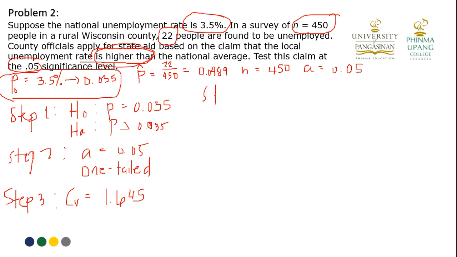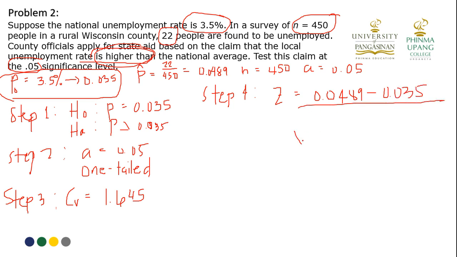1.645. So, dito tayo sa step 4, yung ating z value ng proportions. Hindi ko na isusulat yung formula. Yung p hat natin dito is 0.0489 minus 0.035 all over square root of 0.035 times 1 minus 0.035 all over 450.